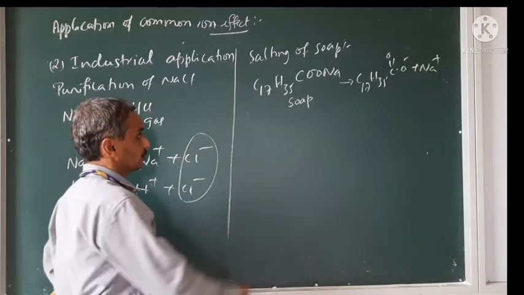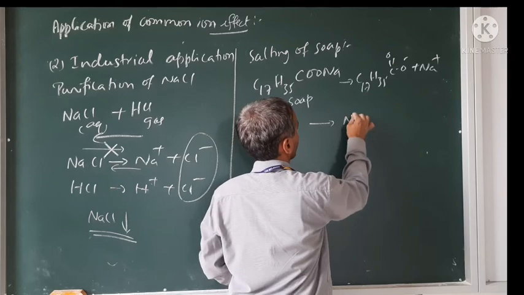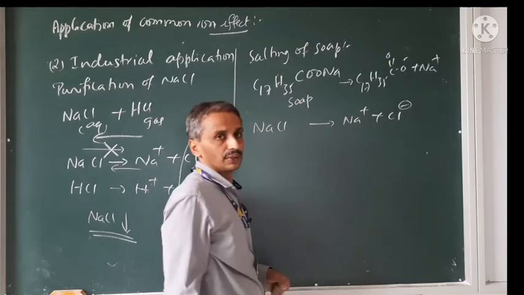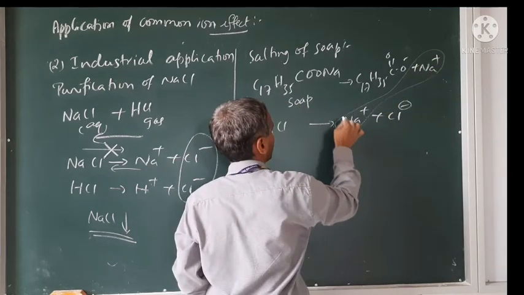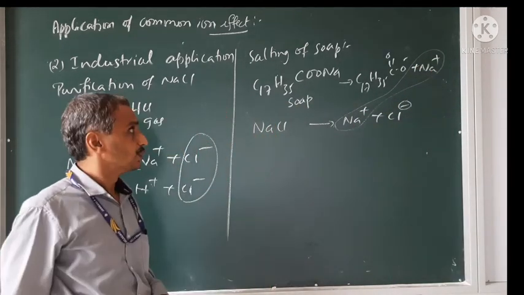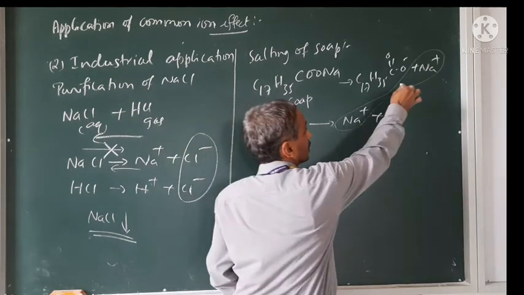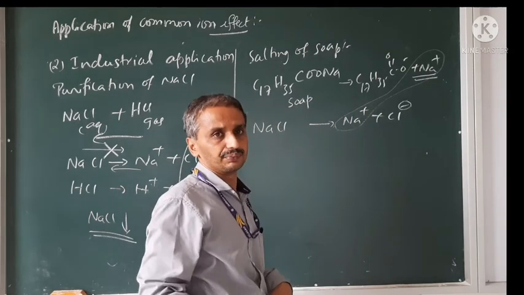Now what you do is, to this, add NaCl, which gives Na plus and Cl minus. See, there is a common ion effect. Due to this common ion effect, the product concentration is increasing.